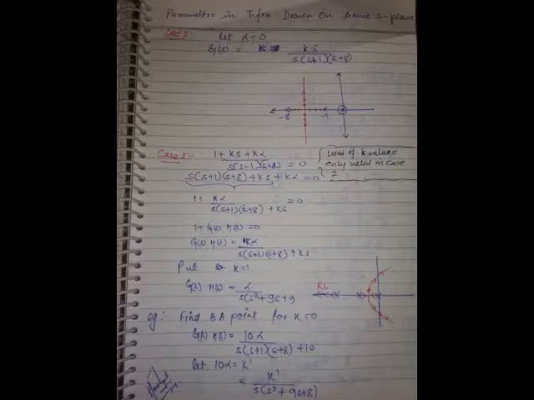So to do that, case 2: you construct the characteristic equation k into s plus alpha by s into s plus 1 into s plus 8 equal to 0. So it is s into s plus 1 into s plus 8 plus ks plus k alpha equal to 0. Whatever function you have before alpha, take that out common: k alpha by s into s plus 1 into s plus 8 plus ks.